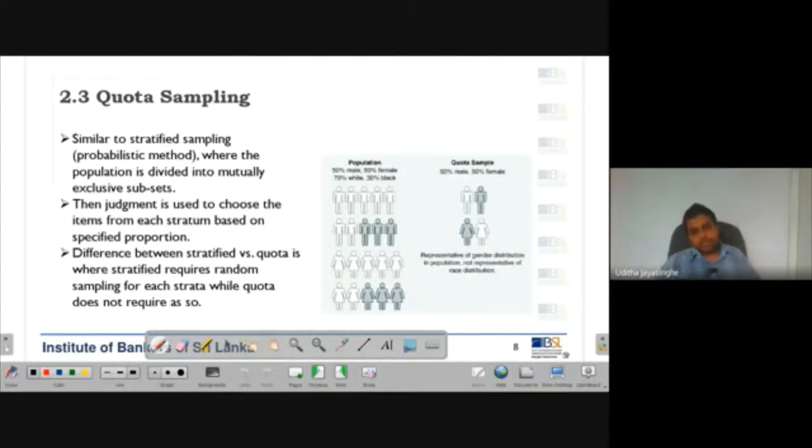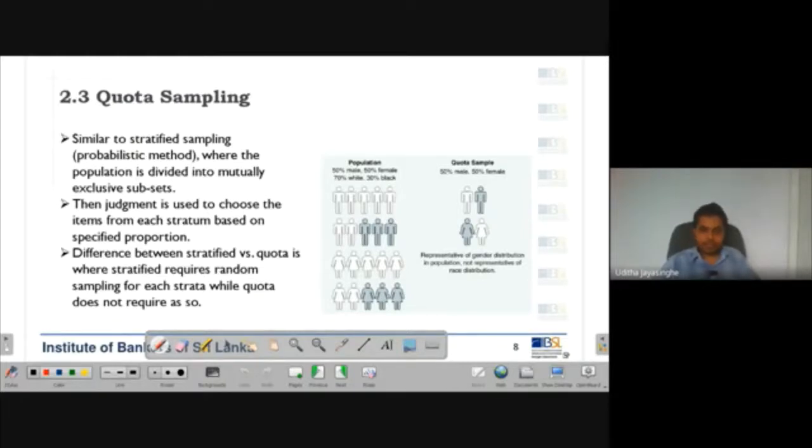Okay. The third one, quota sampling. The word quota is going to give you an idea that some sort of proportion or allocation should be done following a methodology.